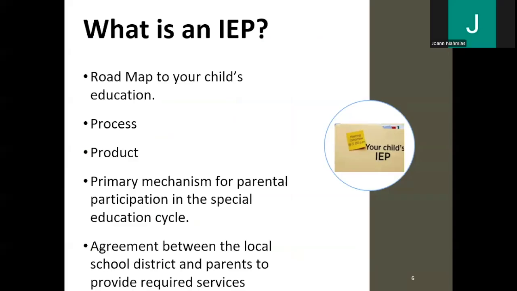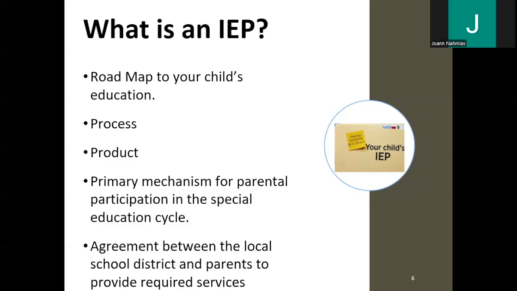What is an IEP? The IEP is a roadmap because it guides how the school will support your child's learning. It is also a process. It brings together a team to assess a child's needs and create a plan.